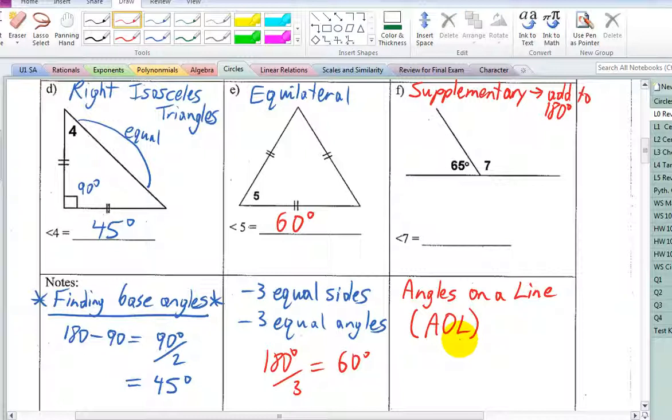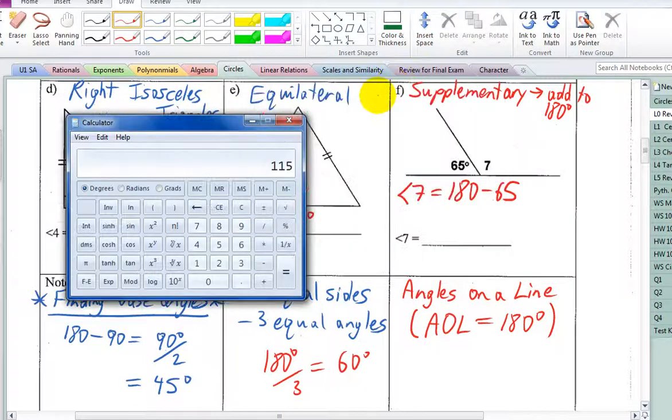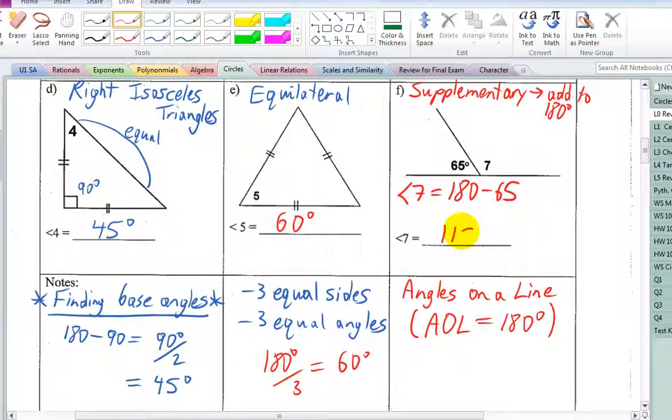Whatever. So angles on a line equal how much? 180 degrees. So angle 7, how would we find angle 7? Good. Yeah, we're going to be doing lots of little subtracting this unit. So just quickly bring up the old calc. 180 minus 65, 115 degrees.